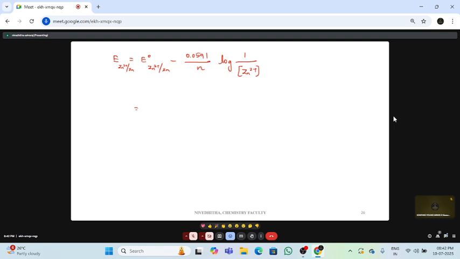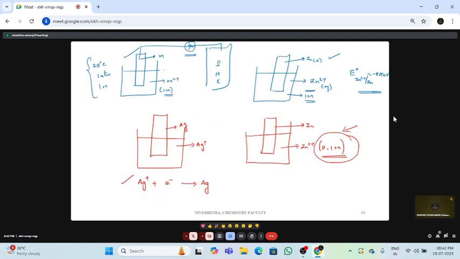What is the value of E naught? Standard reduction potential of zinc is? It is on the board. So what is the standard reduction potential of zinc? It is minus 0.76, right?